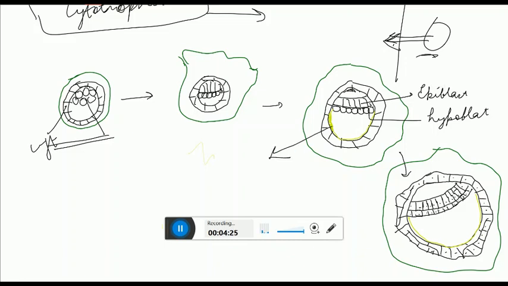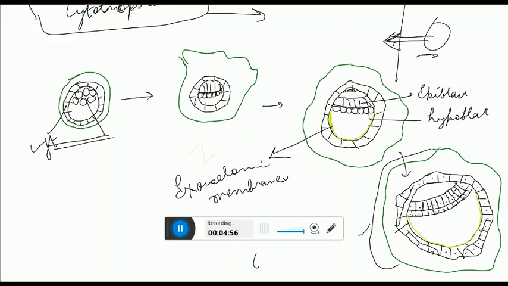This light green color lining is exocelomic membrane. So here we can see the cytotrophoblast is one and a half layered. This is epiblast, this is hypoblast, this is exocelomic membrane. So this is our gastrula.